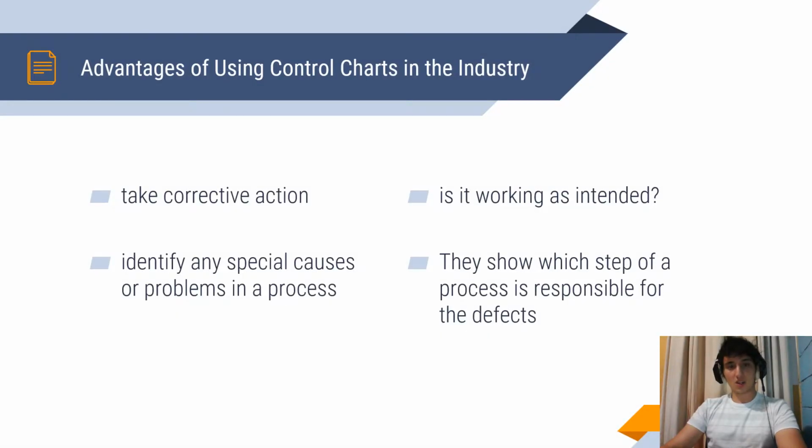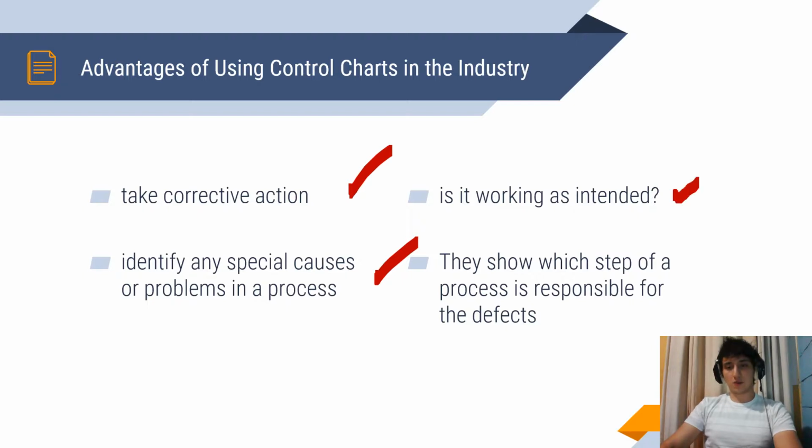What are the advantages of using control charts in the industry? Well, they help us to take corrective action to see if we can improve in some area, or we can fix a machine, improve a machine, buy a better one, or hire more qualified employees. Also, they help us identify any special causes or problems in our process, like I said before.